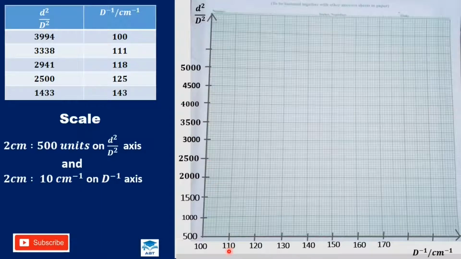For the first point, we have 100 on the horizontal axis, and 3994 on the vertical axis. This is 4000, so 3994 will be within the last box, since each small box is 50.